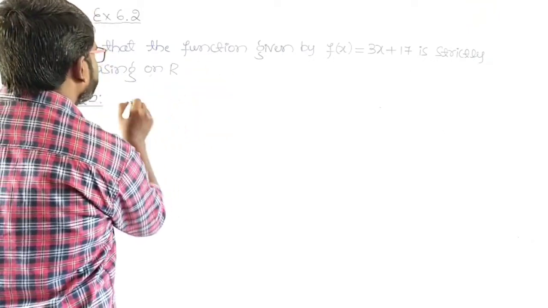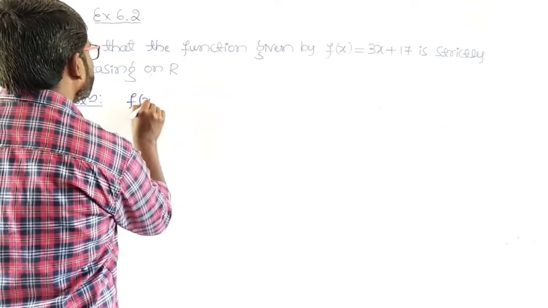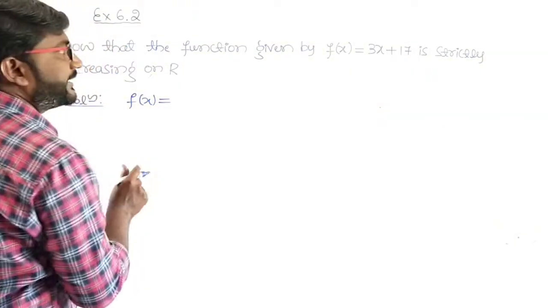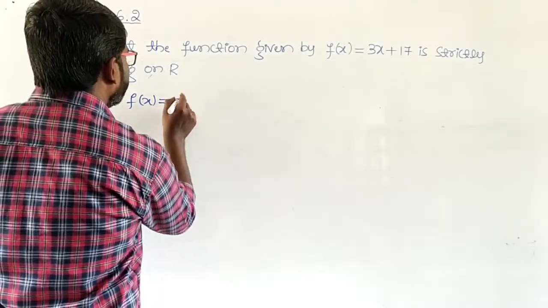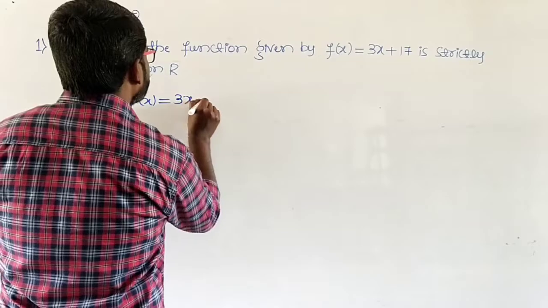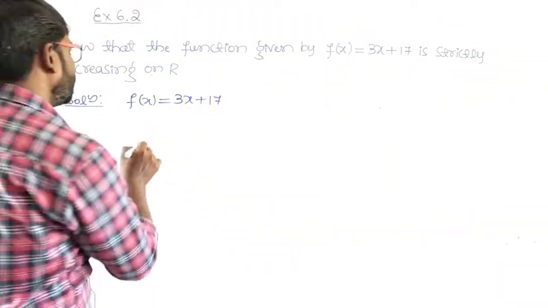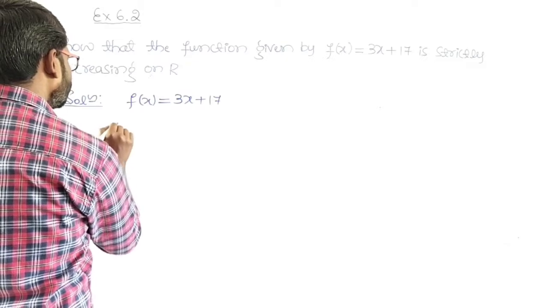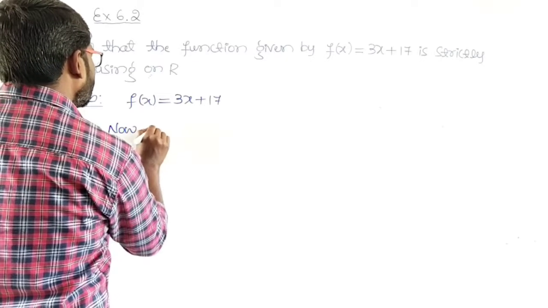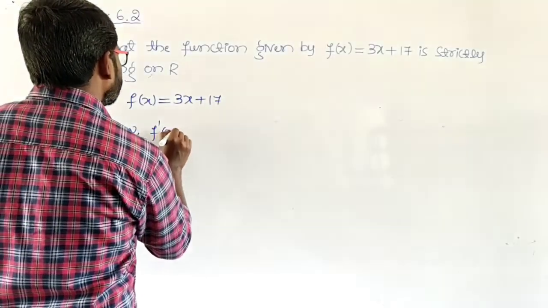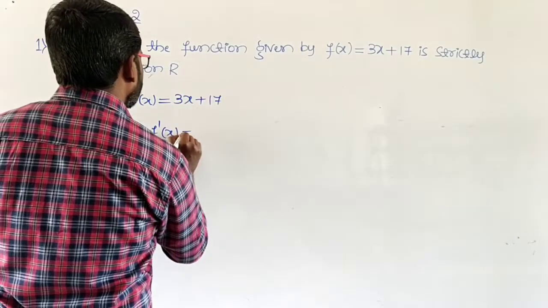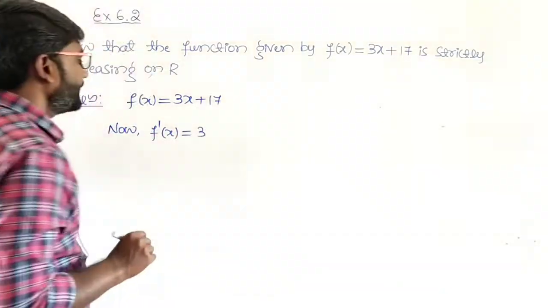Let me write the given function, f of x equals 3x plus 17. Then let us go for f dash of x, which equals 3.